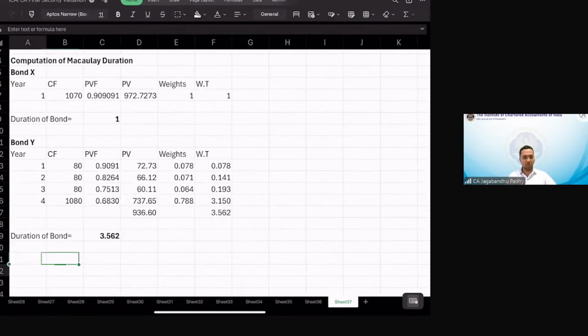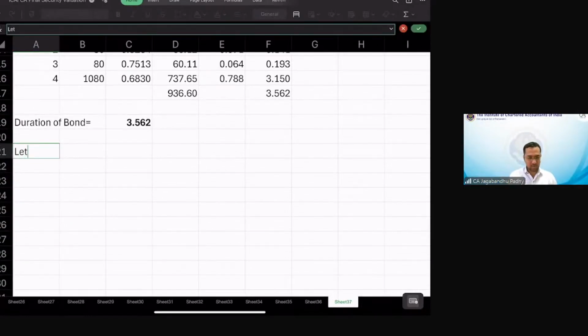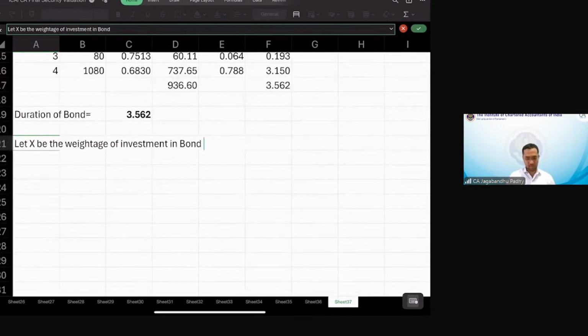Okay. So now portfolio duration, we'll simply say let X be the weightage of investment in bond X. So can you tell me what will be the weightage of investment in bond Y?